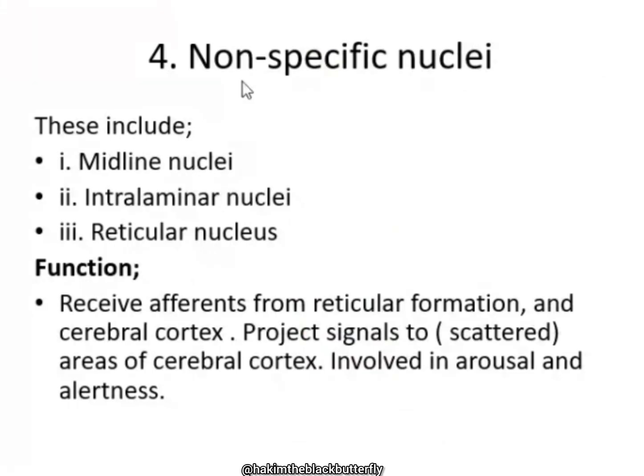Then there are non-specific nuclei. Afferent means information coming in. These ones receive information from the reticular formation. I talked about a network of neurons in the brainstem which can be stimulated by any impulse to awaken you so that you are aroused.